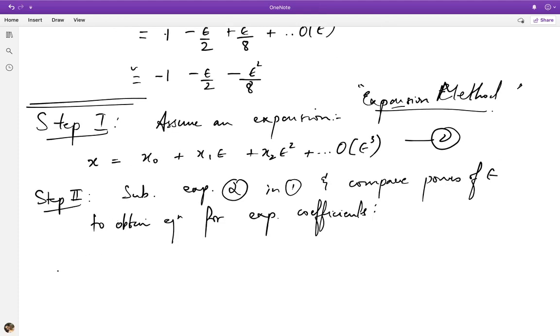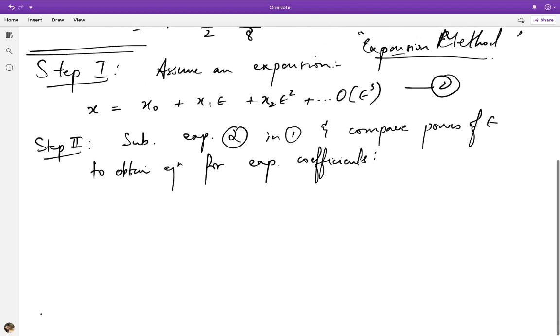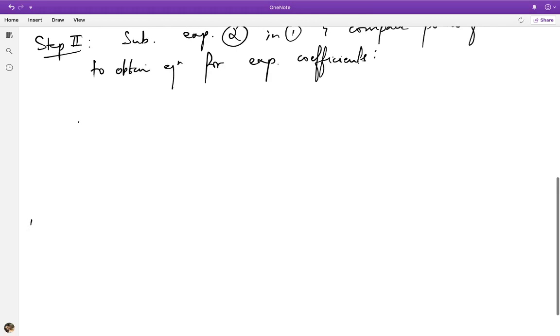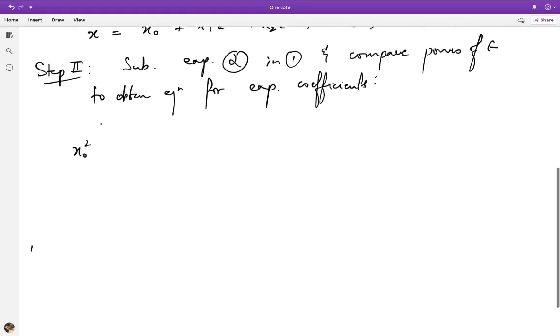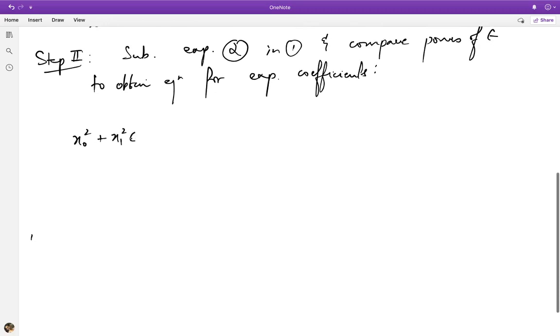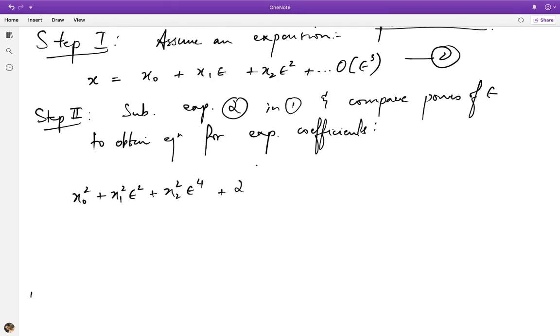So x square after substituting would become x naught square. Remember you have x0 plus x1 epsilon plus x2 epsilon square, squared: so x naught square plus x1 square epsilon square plus x2 square epsilon to the 4, plus 2 times x naught x1 epsilon plus 2 times x naught x2 epsilon square plus 2 times x1 x2 epsilon cube.